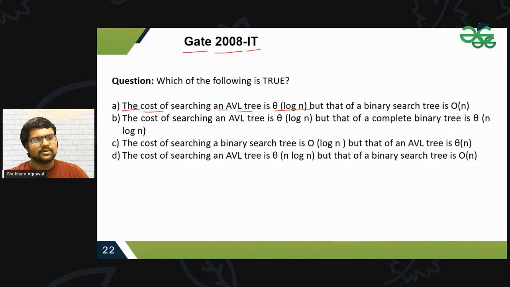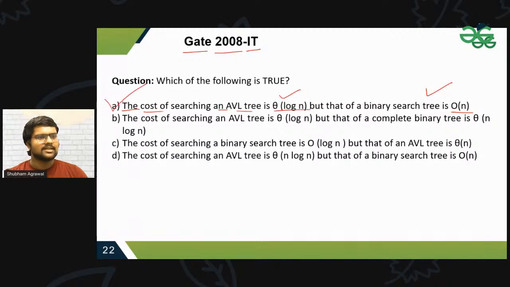We know that the cost of searching in an AVL tree is log n, so it is correct. The cost of searching in a binary search tree is order of n, so it is also correct, because they are talking about the worst case here. So our first statement itself is correct. Since it is a multiple choice question, if one statement is correct, all the other statements are false. So our correct answer would be A.